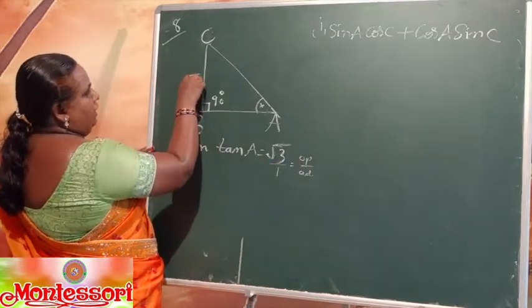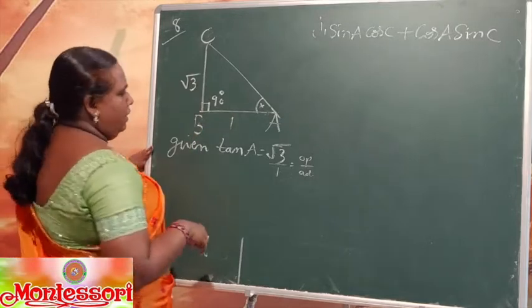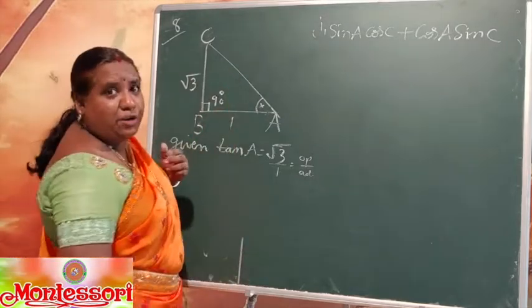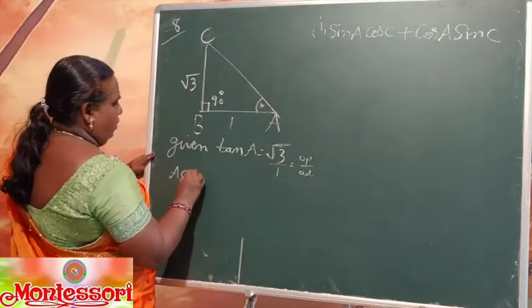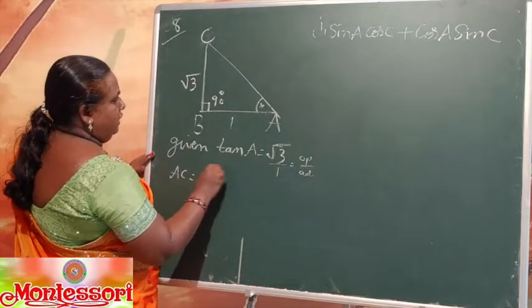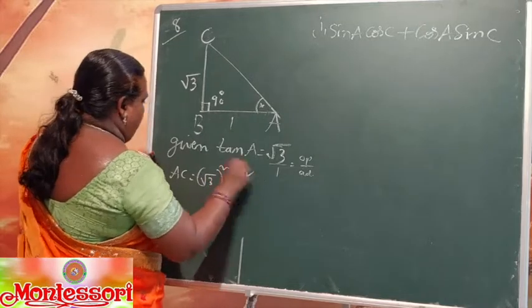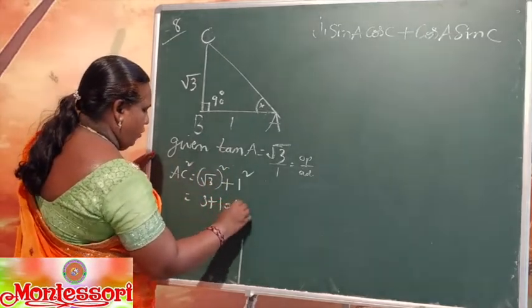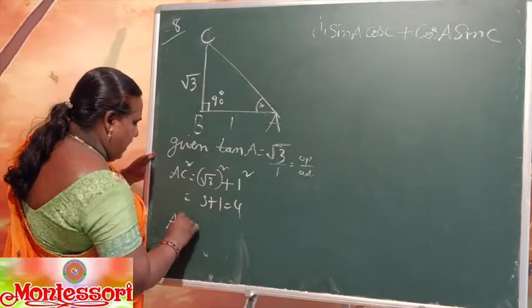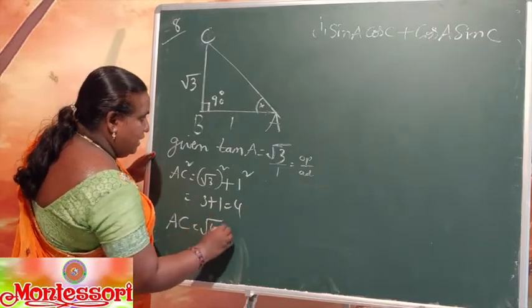This is root 3 and this is 1. Then what will be the hypotenuse according to Pythagoras theorem? AC square is equal to root 3 whole square plus 1 square, that is 3 plus 1, 4. So then what about AC? Root 4, that is 2.